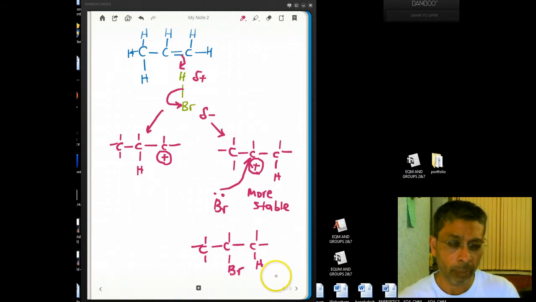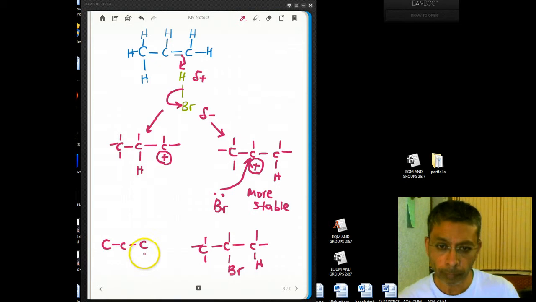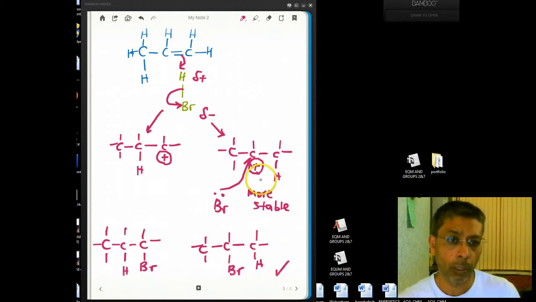This will be around about 98% product, and the other one will be about 2%. It's a minor product. There we are. So that will be the major product, all due to the intermediate, which is more stable.